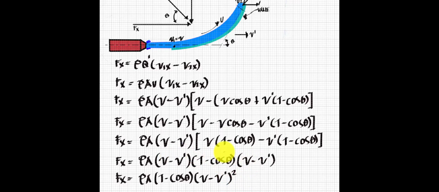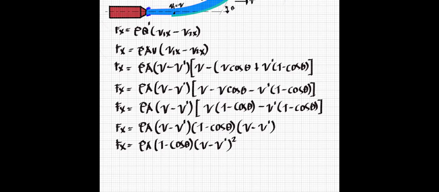Okay, so since this is all common, remembering that this is the value of your relative velocity of the jet, we can rewrite the F of x. So now we have density times your area, then we have 1 minus your cosine of theta, then this will be your u raised to square.